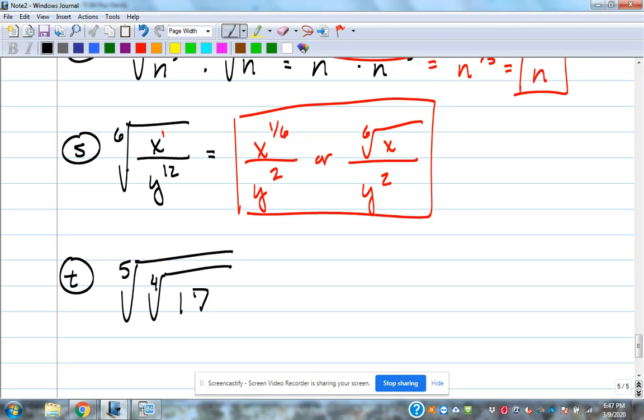I'm going to start on the bite that's the smallest, the stuff in here. So I'm just going to rewrite that. 17 to what power? 1/4. So I've now taken that and I've gotten rid of one of the radicals in there and made it an exponent problem. But I can do the same thing here.